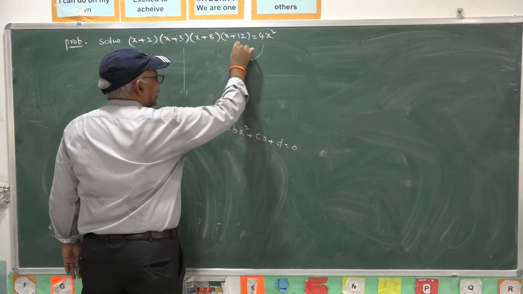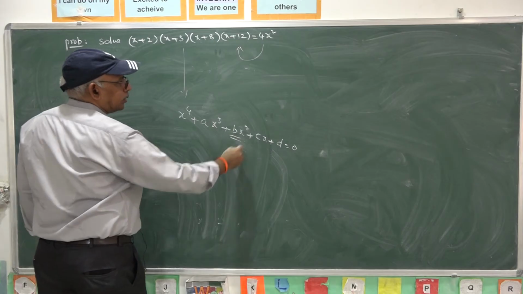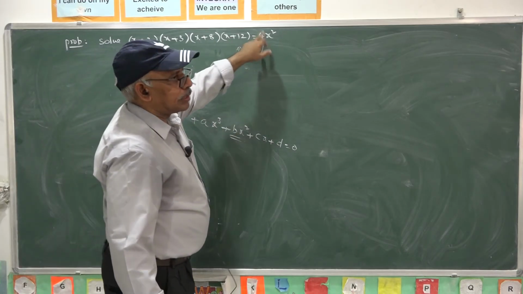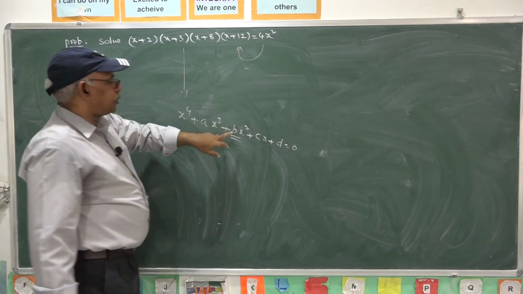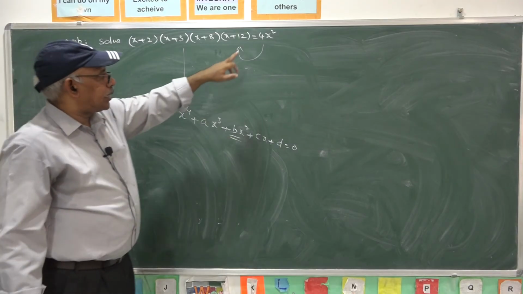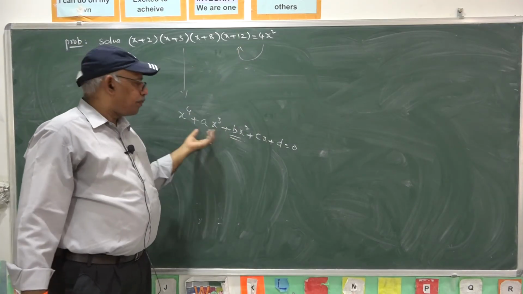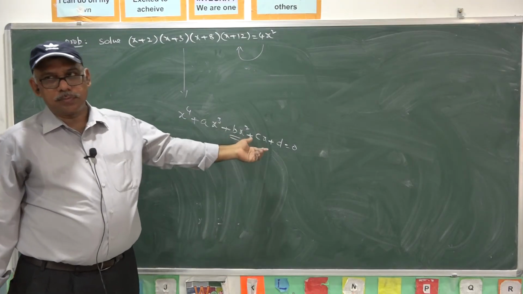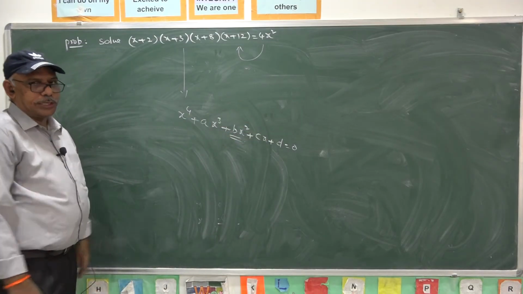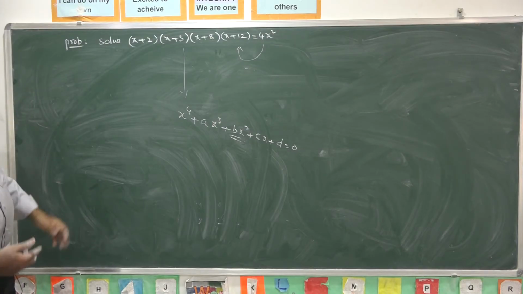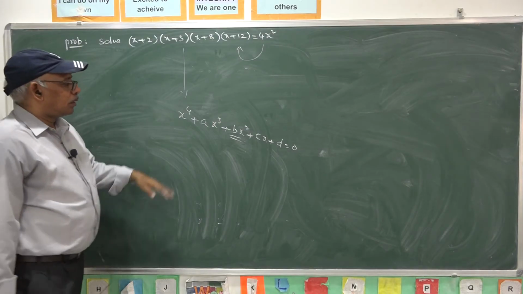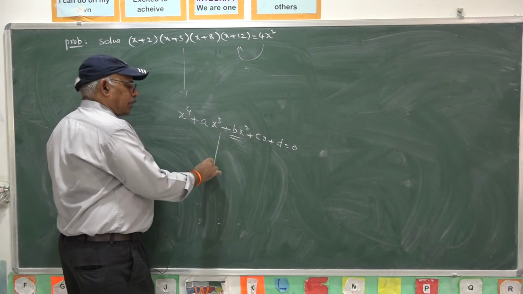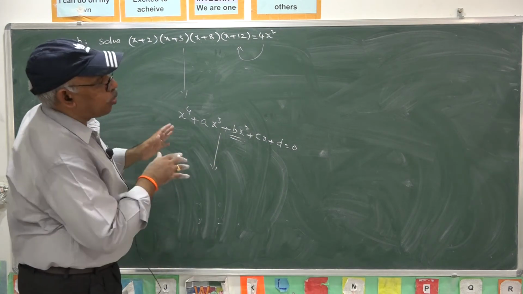Once you transfer this term to this side and add that to the x square term, you get x power 4 term, x cube term, x square term, x term and constant term. Clearly a fourth degree equation. Now, I will reduce this fourth degree equation to a quadratic form.